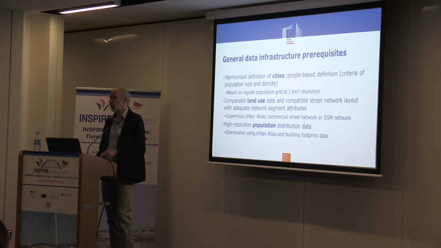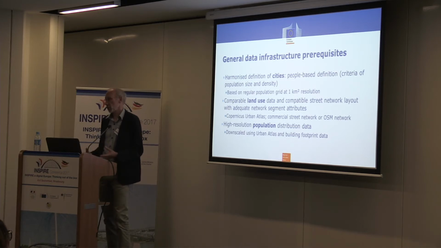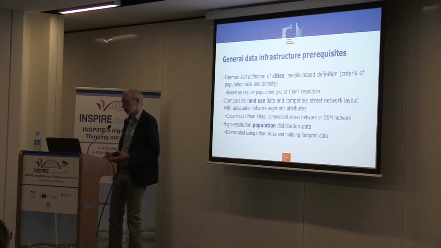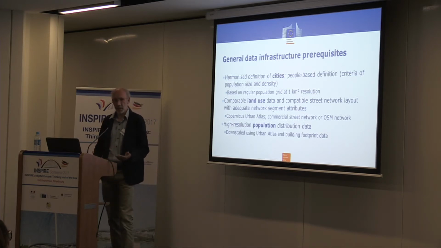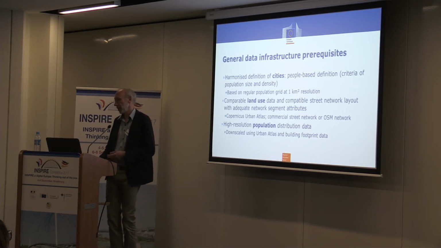And there, in the few use cases you will see, we relied upon Copernicus Urban Atlas land use data and on comprehensive street network data from commercial sources or from OpenStreetMap. And finally, the infrastructure also requires a detailed high-resolution population distribution dataset, where this can be ideally based on a regular population grid, and then can be usefully downscaled using Urban Atlas land use information and building footprint data.